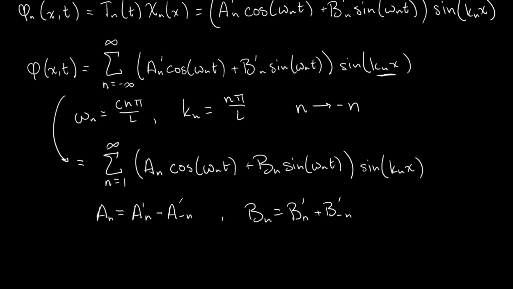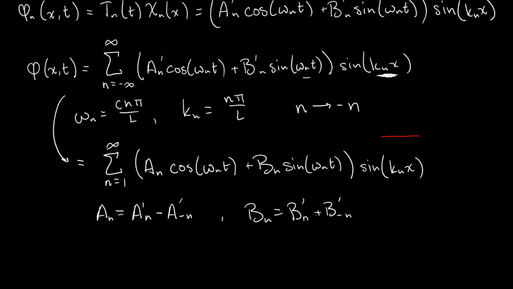The a's get a relative minus sign because you can't forget the negative sign coming from this guy, and the b's get two minus signs, one from the k, one from the omega, and so they get a plus sign relative between them.